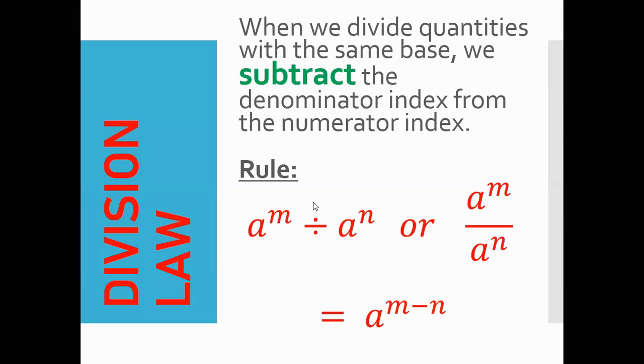But you must remember that fractions also mean to divide. So once the bases are the same and you're dividing, you just subtract the exponents. So with multiplication, you add the exponents. With division, you subtract the exponents. So this is the rule.